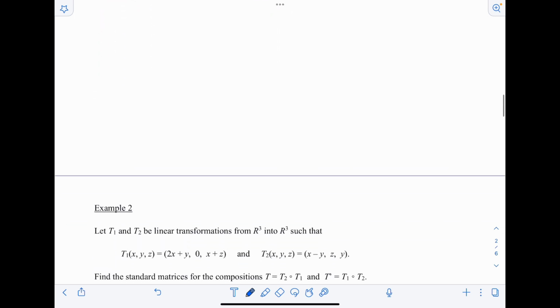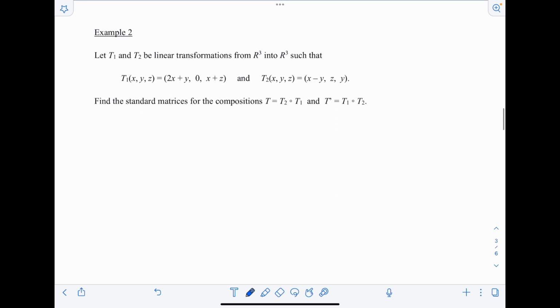All right, let's take a look at an example of this. This is saying let T1 and T2 be linear transformations from R3 into R3, and we've got the mapping definitions for T1 and T2. Find the standard matrices for the compositions T, which is defined by T2 of T1, and T prime, which is in reverse, T1 of T2.